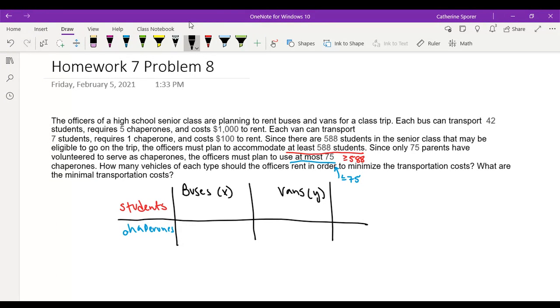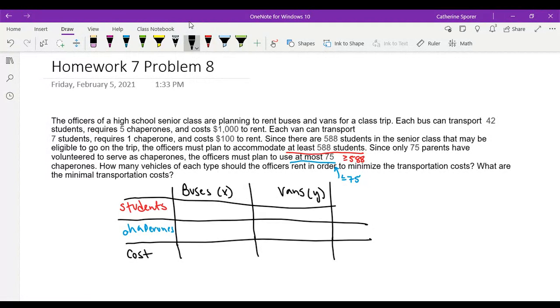And we also have information about the cost of the buses and the vans. And we also know the limits on the numbers of students and chaperones. So I'm just going to put total in this last column.